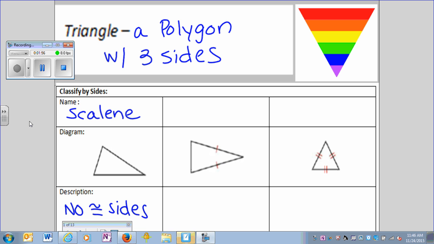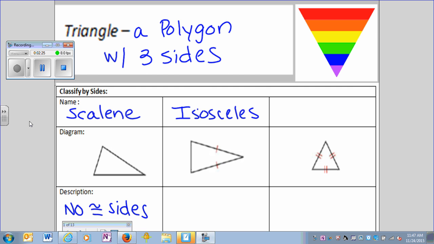The second one that we're going to talk about, that you guys did name when we were going over our "What did you know" column, is an isosceles triangle. Since that's one you named, can anybody tell me, raise your hand please, what an isosceles triangle is? You're close. So Kelly said 2 congruent sides.